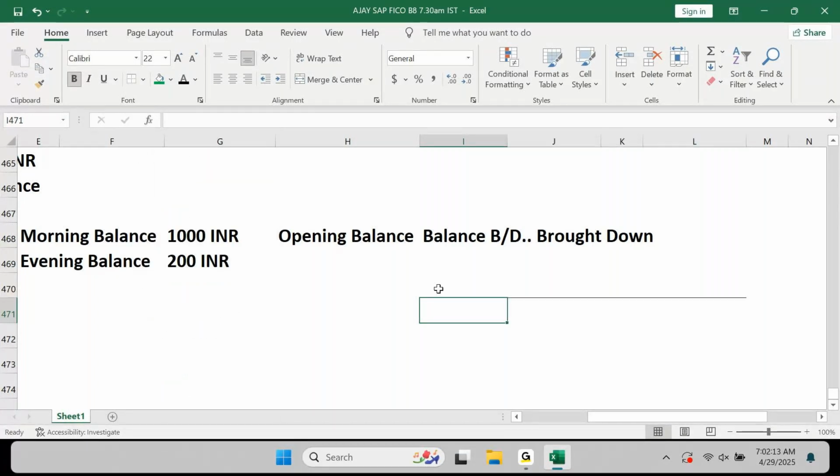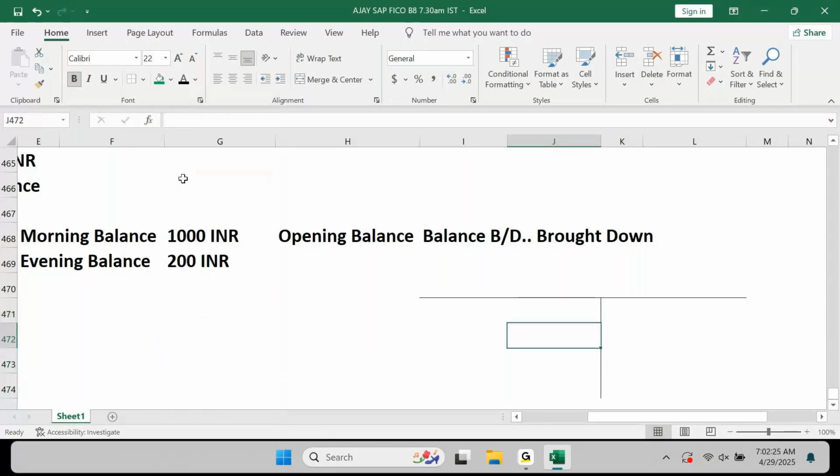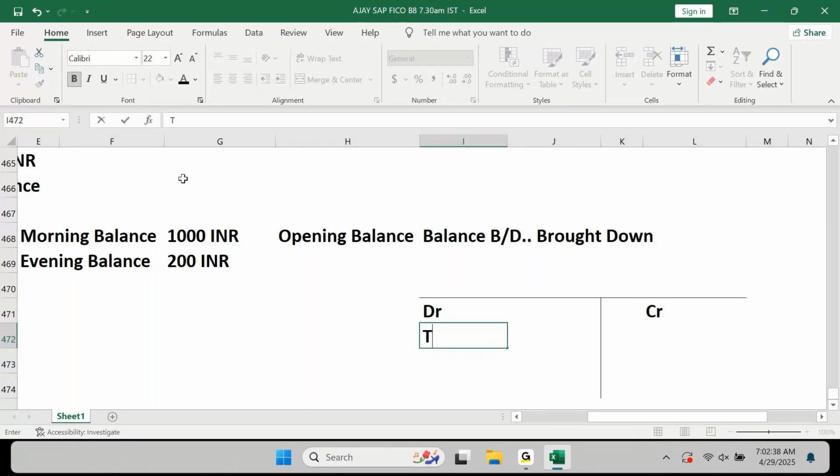You used to prepare one account, something like this. And here we used to put debit, and here you will put credit, and you will put dates and all.